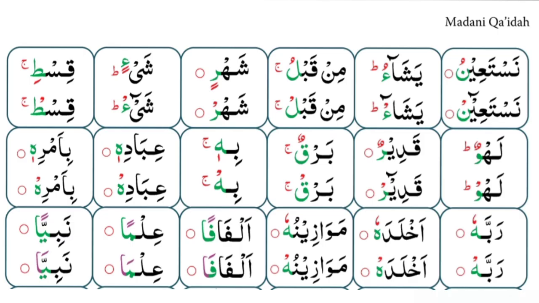For example, look at the third line and fourth box. The last letter of this word is fa, and fa has two zabar on it, so you have to change two zabar with alif in case of waqf. Like this, alfan, in case of waqf, alfa.